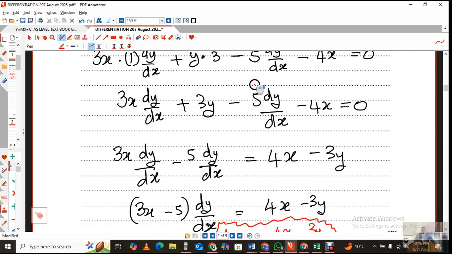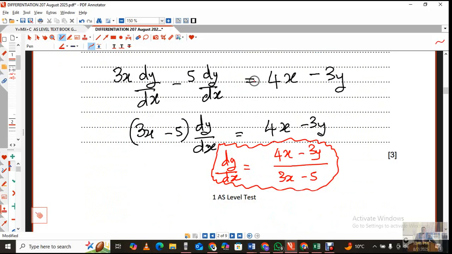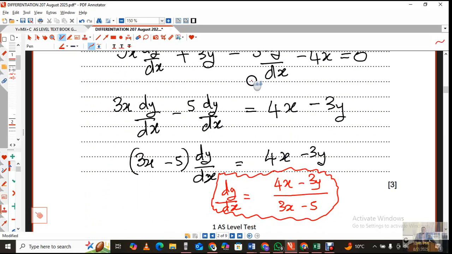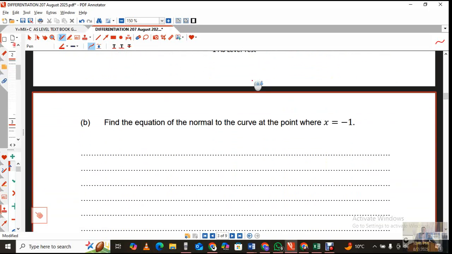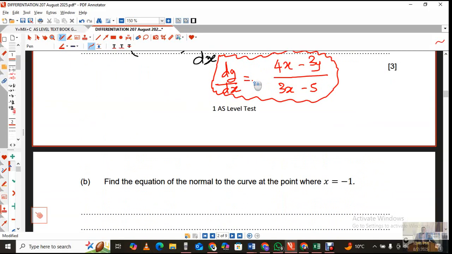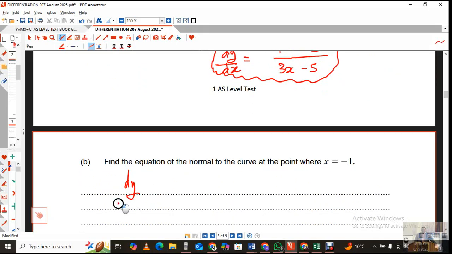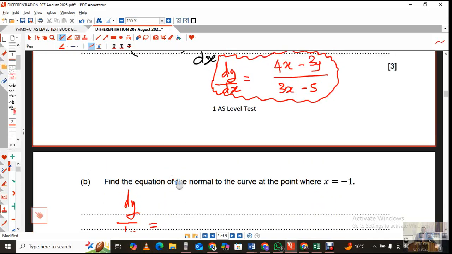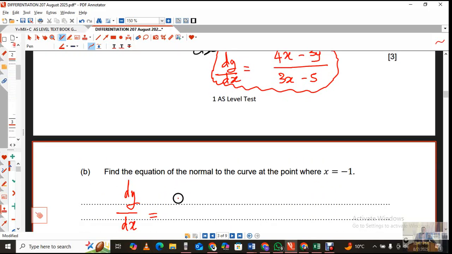Okay? Right. Of course, I have a part B to the question. So I'm just going to write my derivative as dy/dx is equal to 4x minus 3y all over 3x minus 5.